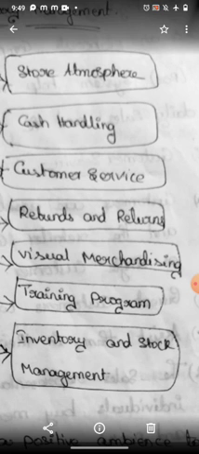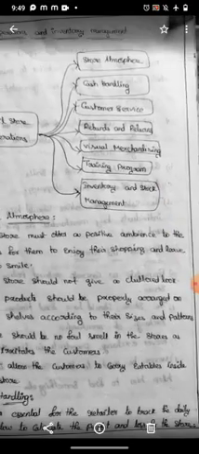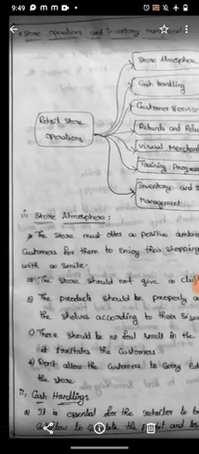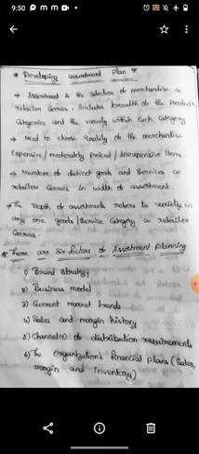Okay, these are the major operations: store operation and inventory management. Developing an assortment plan. What is the assortment plan? It is the selection of merchandise in the retailer's area.